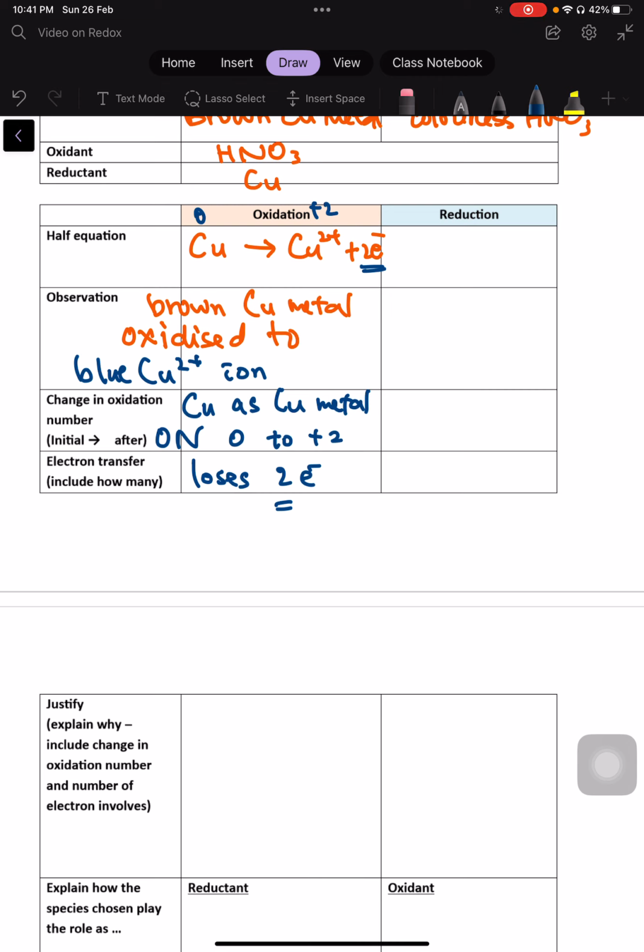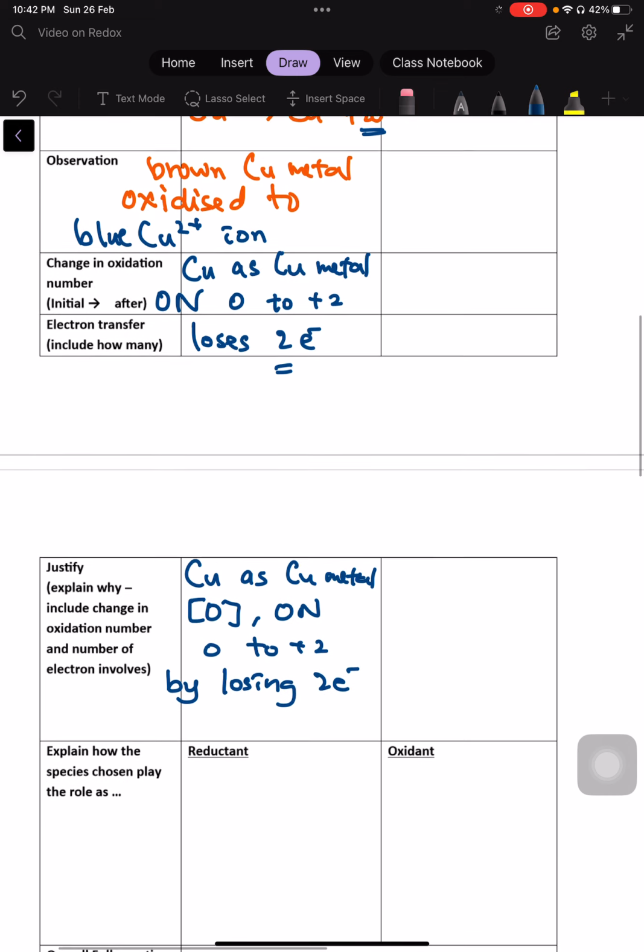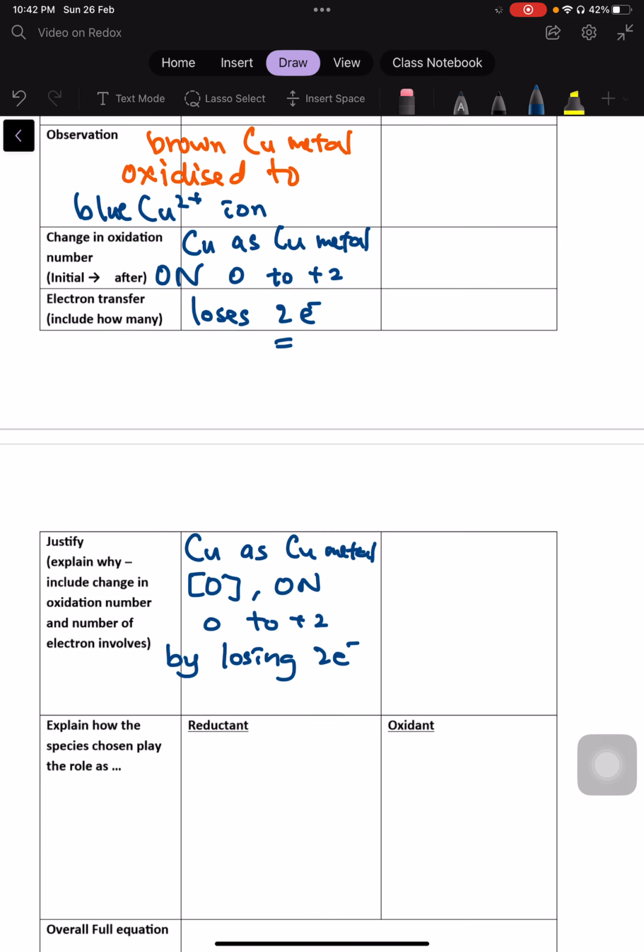So you have copper as copper metal undergoes oxidation as the oxidation number changes from 0 to +2 by losing 2 electrons. And apart from this, you have to explain why copper is a reductant. It's a reductant because it reduces nitric acid to nitrogen dioxide, and itself is oxidized.